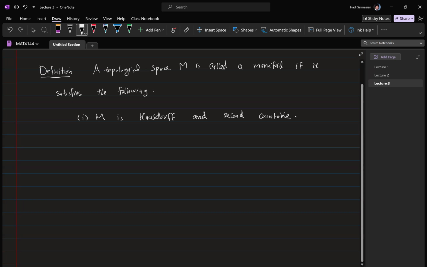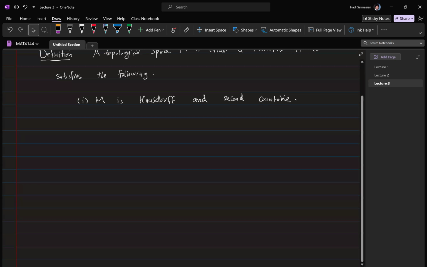There's a countable family of open sets such that every open set can be described as a union of some subset of this family. Now, if you haven't seen the notion of second countable, don't worry, it doesn't play any serious role anymore. And the second is that every point m in M has an open neighborhood.